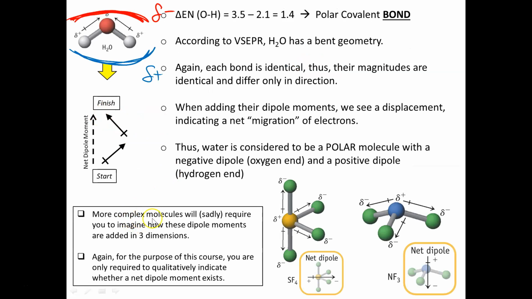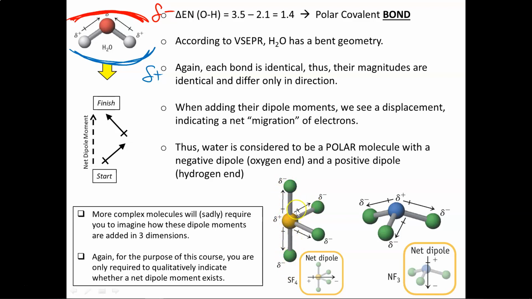Now, sadly, more complex molecules will require you to imagine these dipole moments in 3 dimensions. But for the purpose of this course, you are only required to qualitatively indicate whether a net dipole moment exists. So if you look at this 3D diagram, imagine if you were a diver and you had 4 dolphins pulling on you. One dolphin is pulling you towards the surface, one dolphin is pulling you towards the bottom of the ocean. Because they're pulling in opposite directions, these forces will cancel each other out.